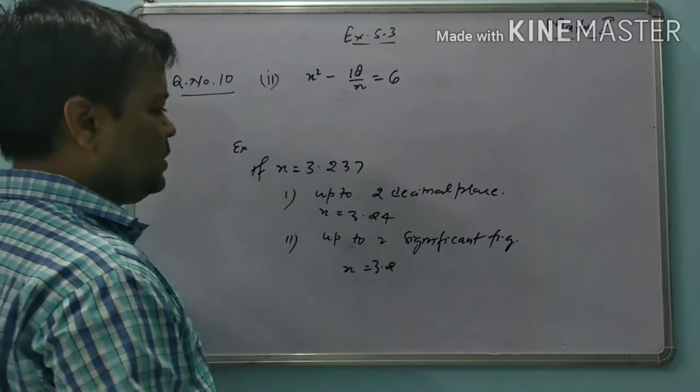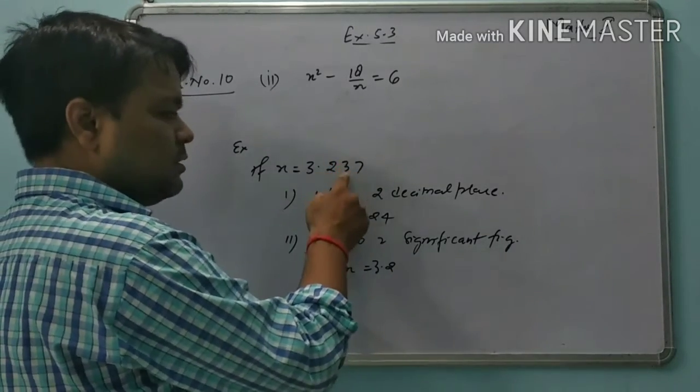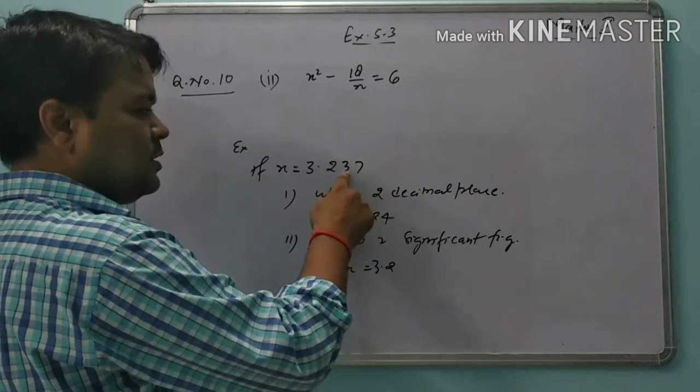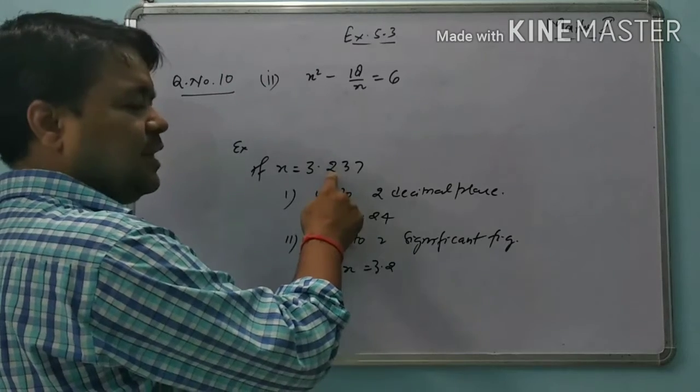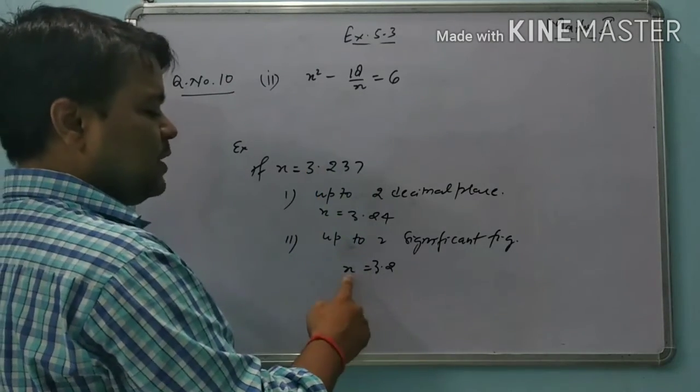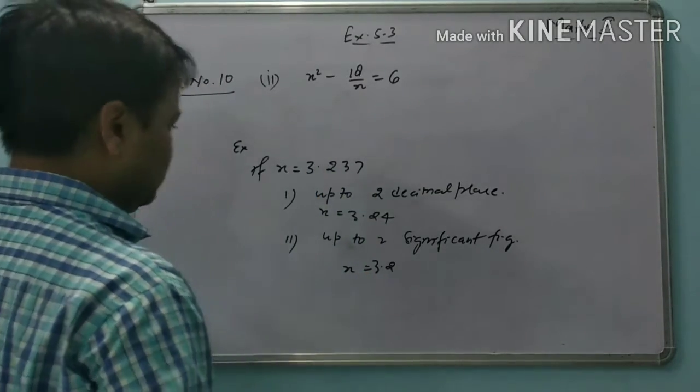We look at the next digit, which is 3, so there will be no increase in 2. Simply we write x is equal to 3.2.